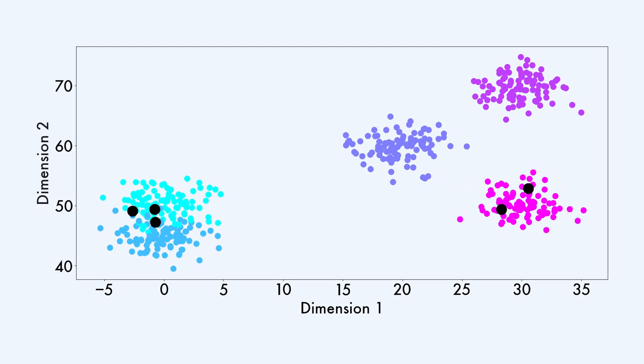But what will happen if I run K-means for 10 iterations based on these initial centroids? Will it converge to the optimal solution, or, in other words, will it find the true clusters? Unfortunately, the clustering algorithm could not distinguish some of the clusters, and it partitioned incorrectly the bottom blue cluster.